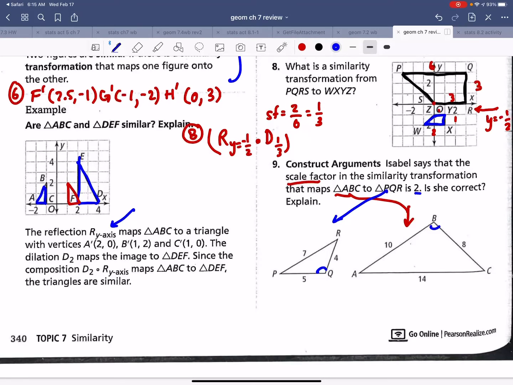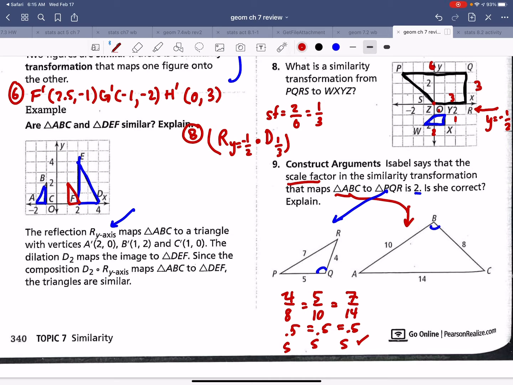So how do we check whether or not they're similar? Let's order the sides least to greatest, right? 4, 5, 7, 8, 10, 14. Oh, and what do you know? They are similar because they all equal the same ratio, 0.5.